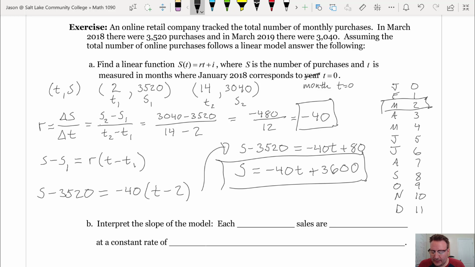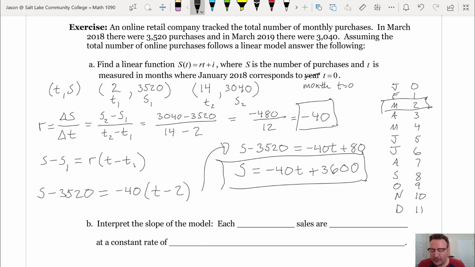Let's do a sanity check. What happened to online monthly purchases? From March of 2018 to March of 2019, they went from 3,520 online purchases to 3,040. So they decreased.